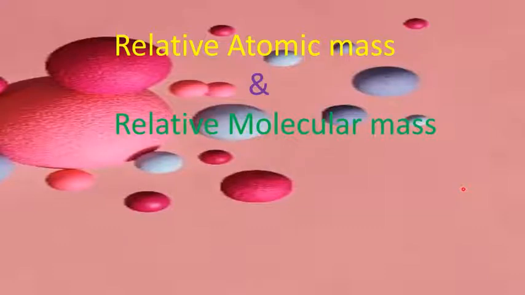You know, the mass of proton and neutron is a very small value, and this small value is very tough to calculate or to use for different calculations. So here relative atomic mass and relative molecular mass is calculated for solving this problem.